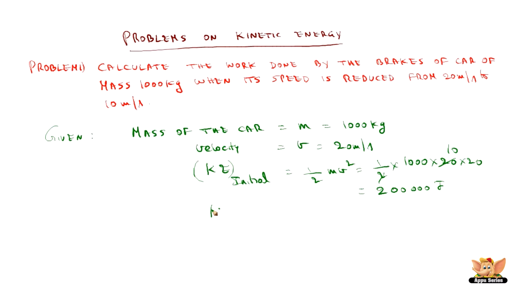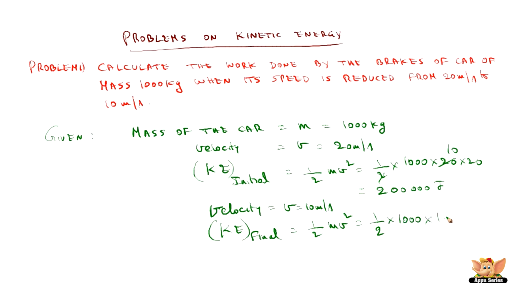The final kinetic energy is half mv square, which is half into 1000 into 10 into 10 because velocity is 10. So in this case we get 50,000 joules.